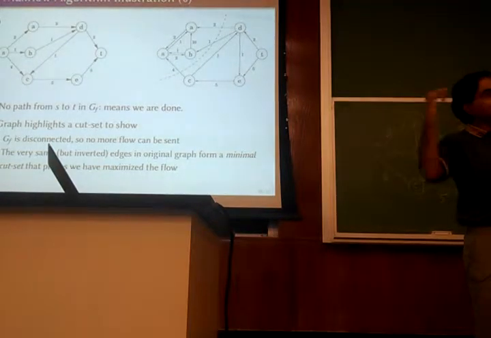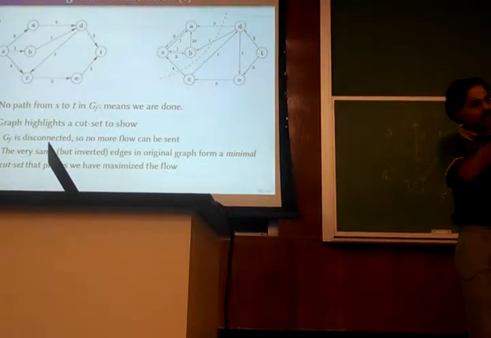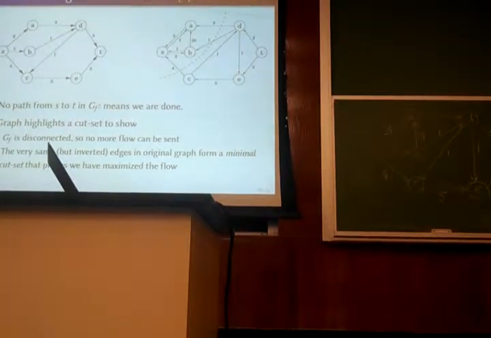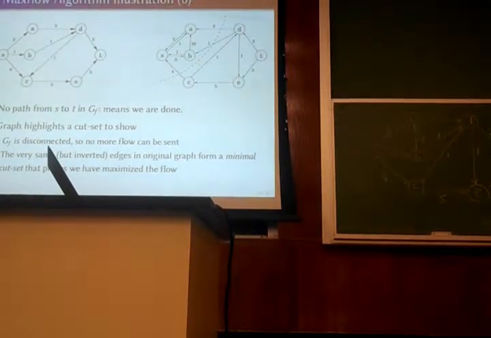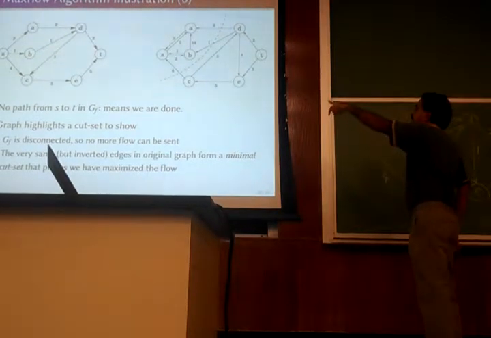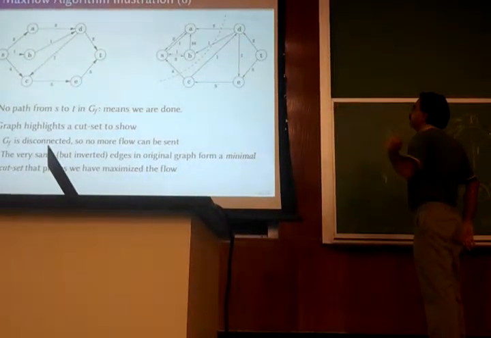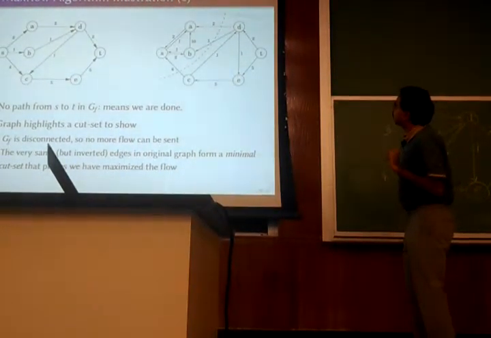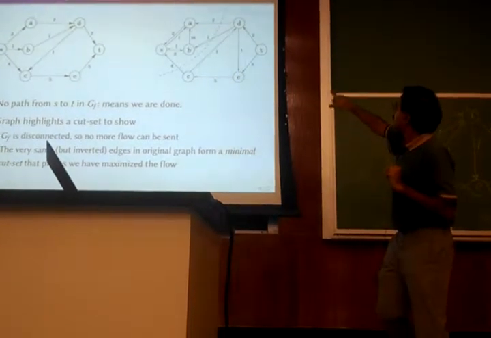So this is why when you do the depth first search and find all of the nodes that are reachable, you then look at what are the edges going out of these components in the original graph, but are not in the residual graph, right? So in this case, you do the depth first search, you will get to S, A, and B. Is that correct? S, A, and B, right?